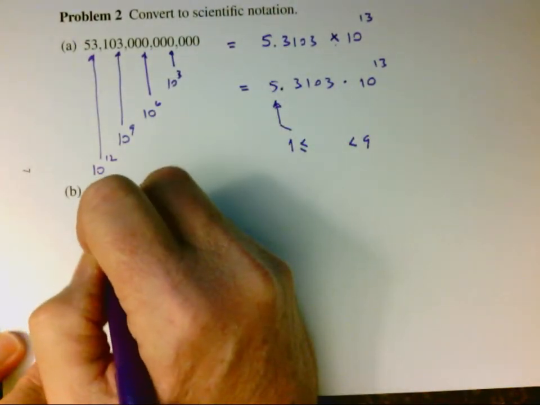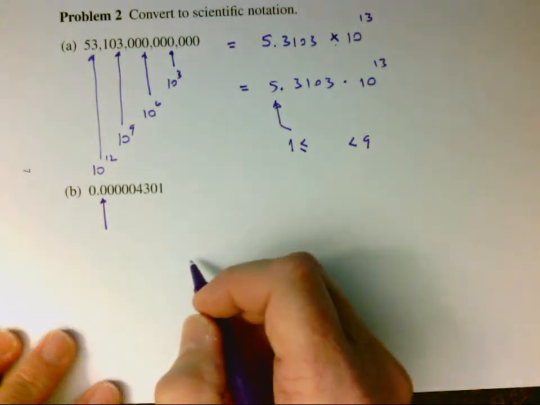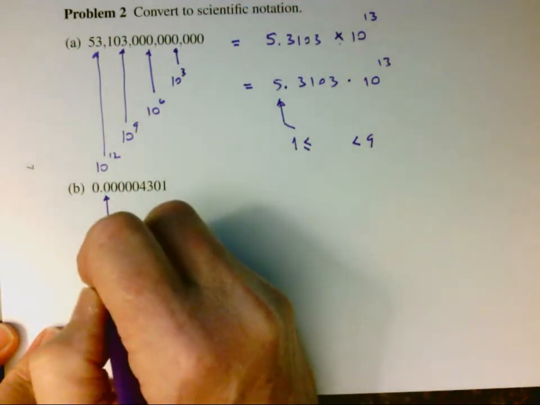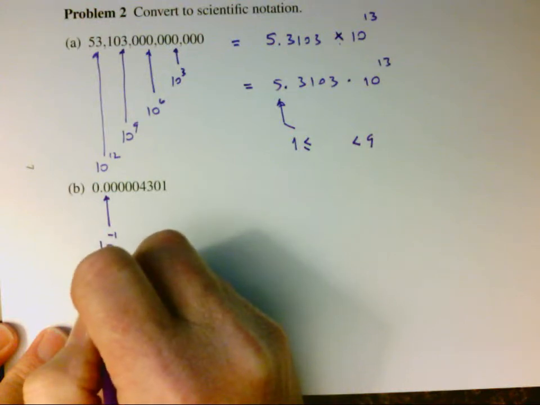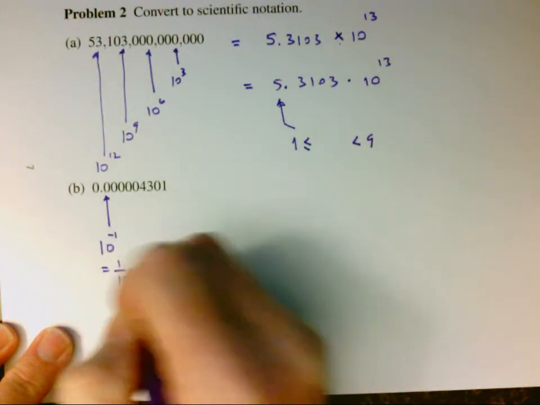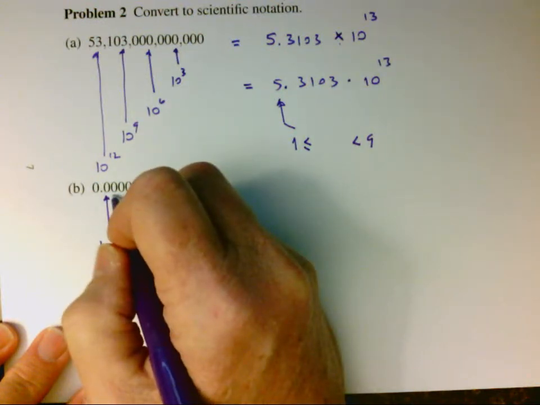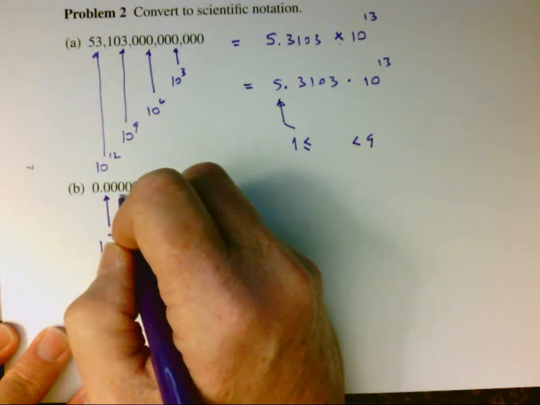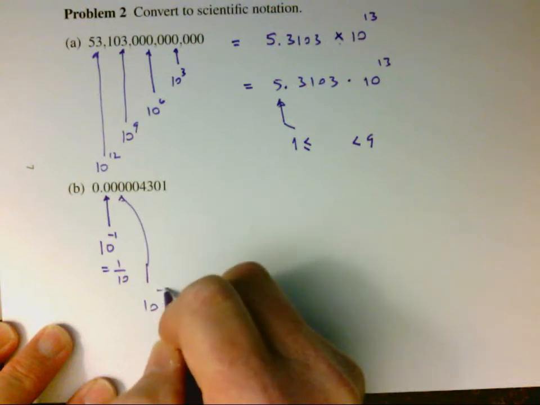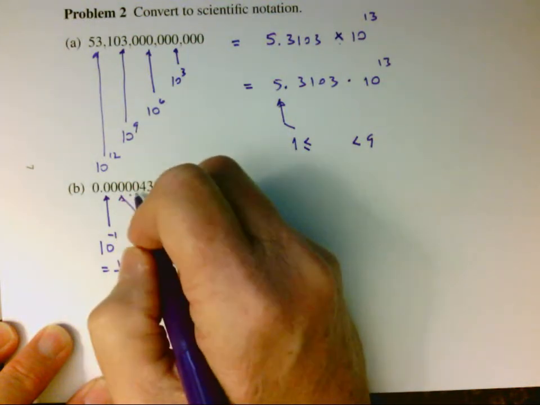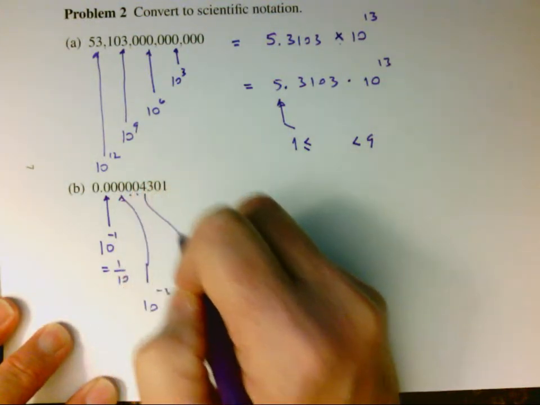Now, the tenths place in part B, that's 10 to the negative 1, 1/10. That's the hundredths place, so that's 10 to the negative 2. There's 10 to the negative 3, 10 to the negative 4, 10 to the negative 5.